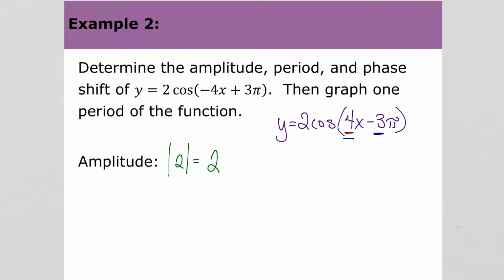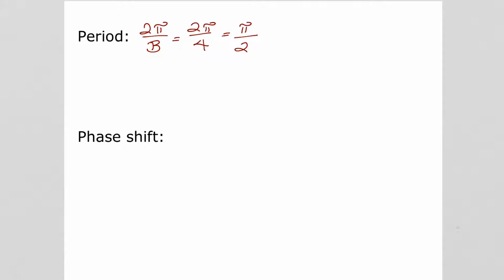Or positive 3 pi, actually. We include the whole thing. So the phase shift, C over B, is 3 pi over 4. Okay. So, next step, 5 key points.